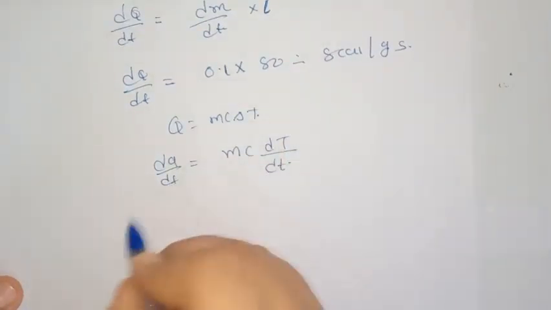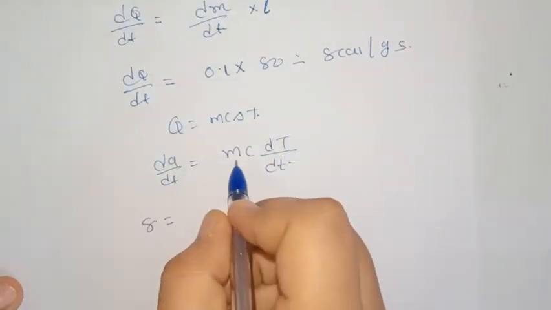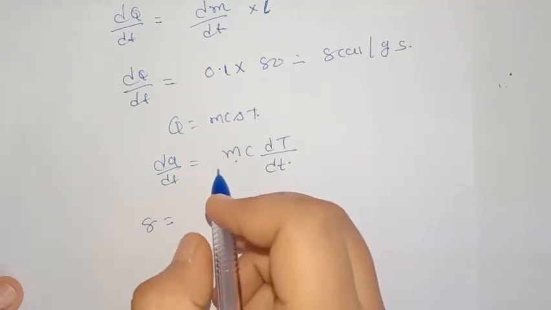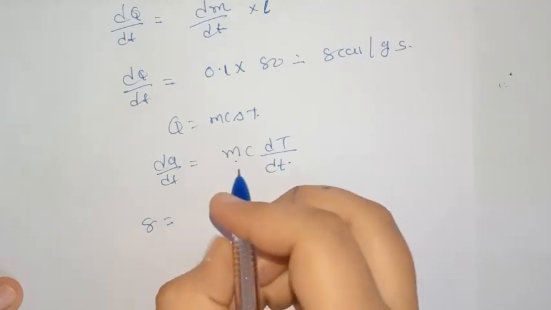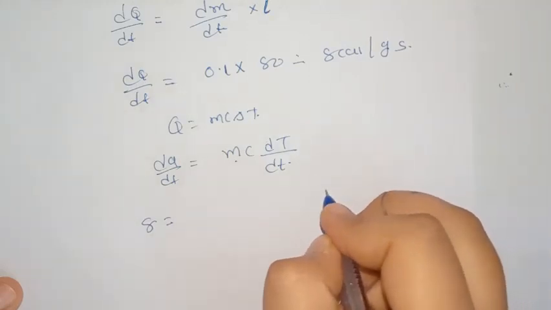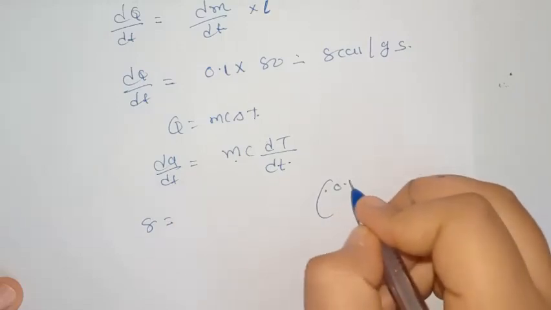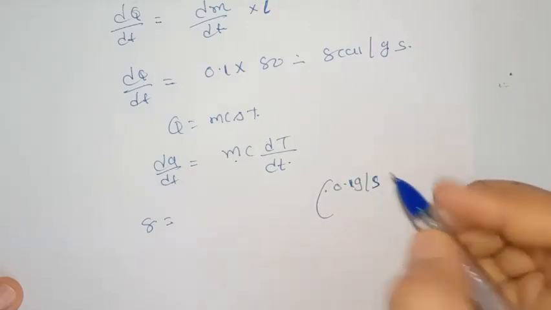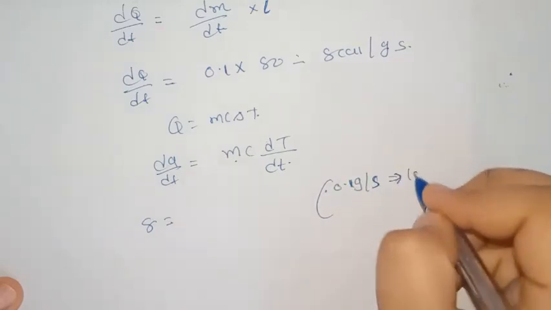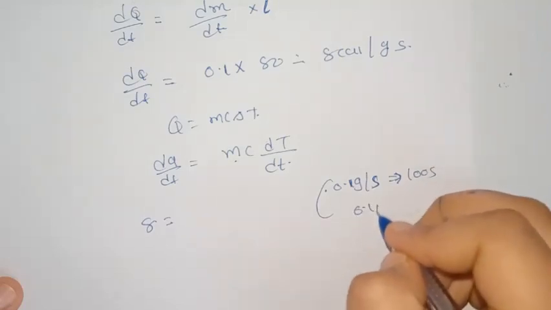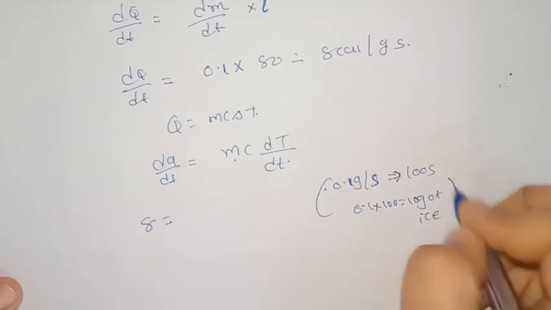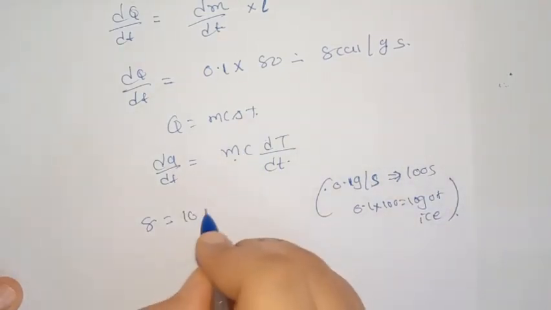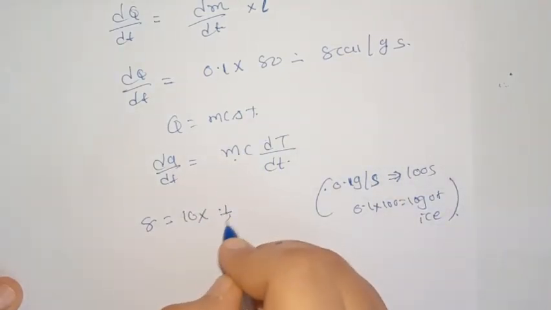Given dq by dt is equal to 8, we have to first find the mass. 0.1 gram per second is melted, so in 100 seconds, 0.1 into 100, that will be 10 gram of ice melted. So mass will be 10, and c will be 1 by 2.